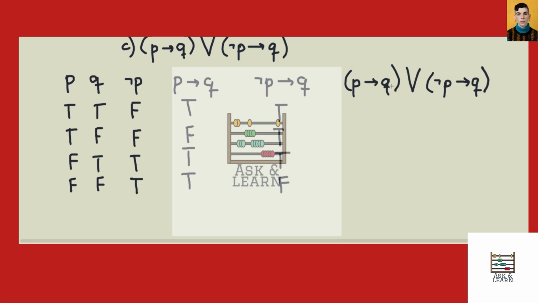They both could be true in order to be true. If they're both false, then it's false. So we're looking at this column and this column. So true, true, we have true. False, true, we have true. True, true, we have true. And true, false, we have true. So this is the truth table for C.